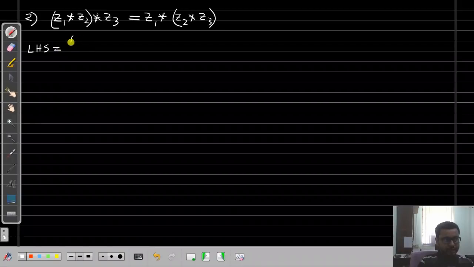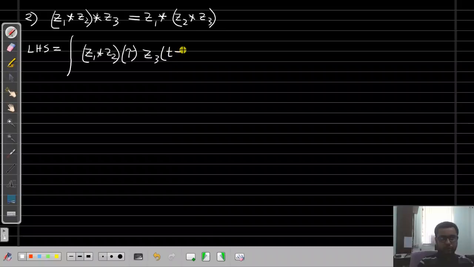So this you can write as the convolution integration between this part and z3. So the first term, z1 star z2 as a function of tau, then the second part, z3 as a function of t minus tau, integrated over tau from minus infinity to plus infinity.